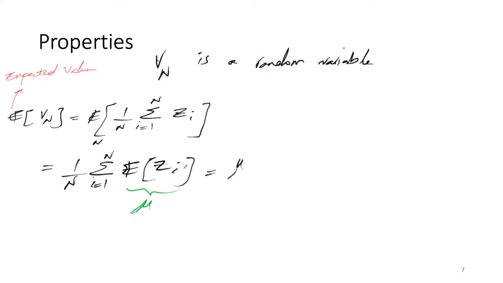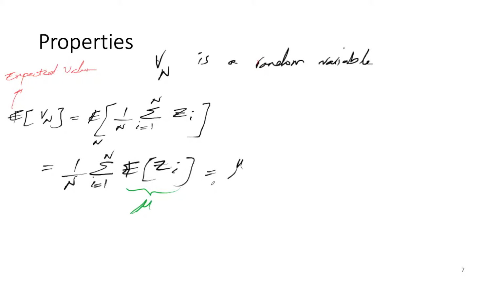And assuming that this expectation of zi for n as a large number is mu, the final result of expected value of this becomes mu itself.